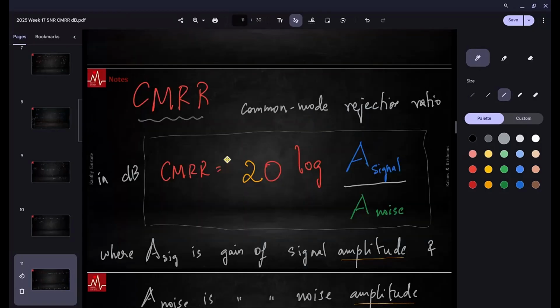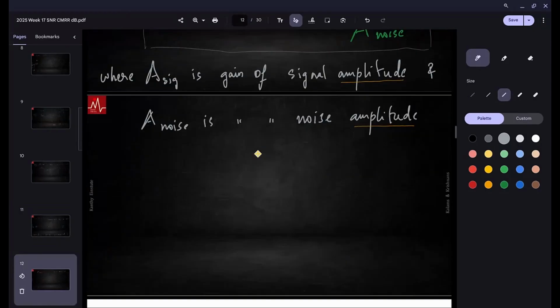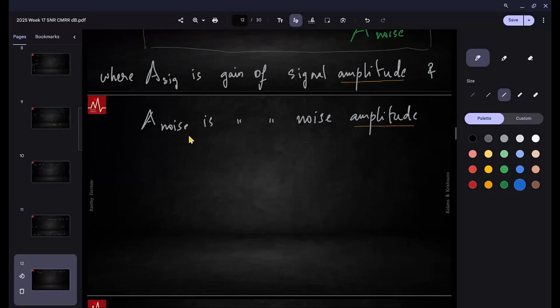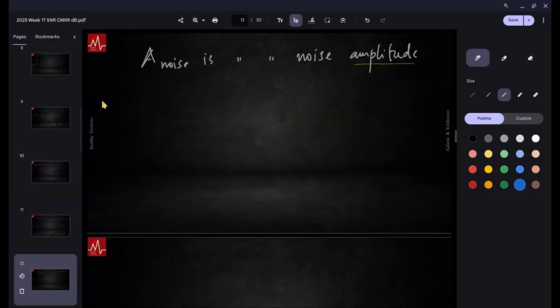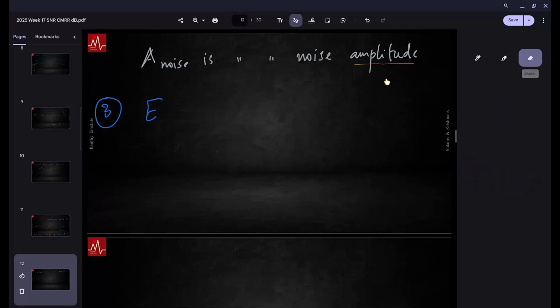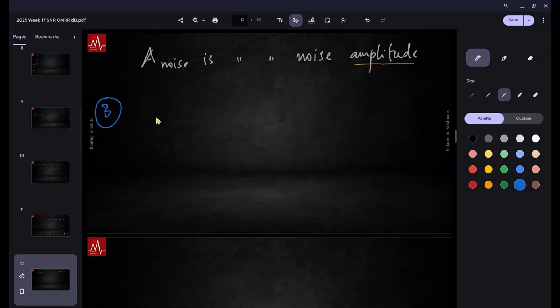So now let's look at an example of this. CMRR example.